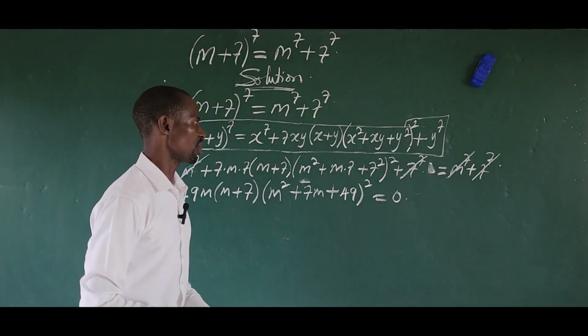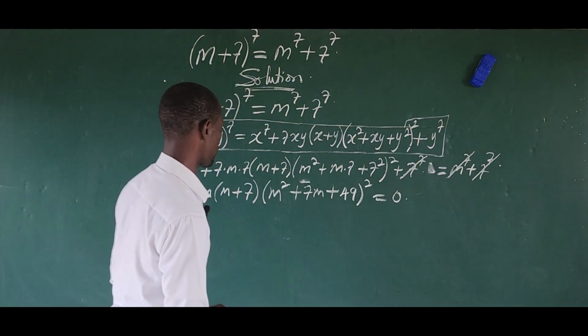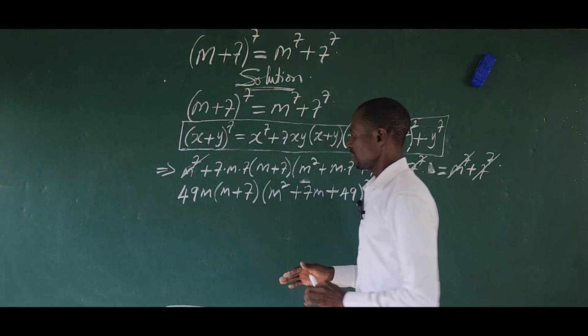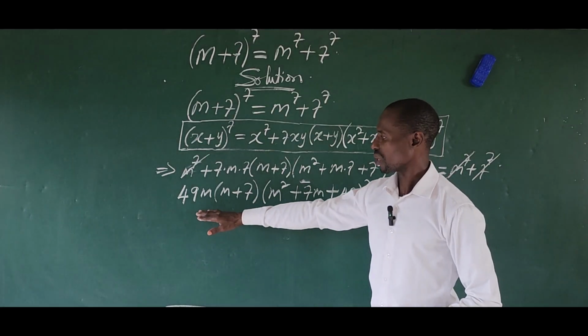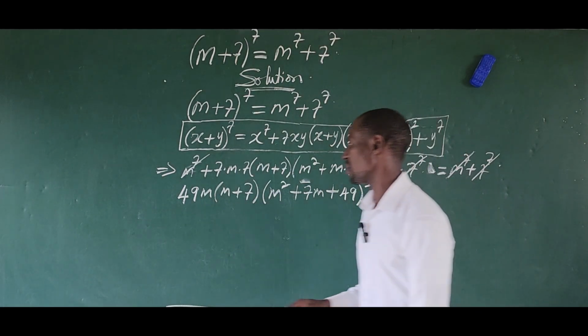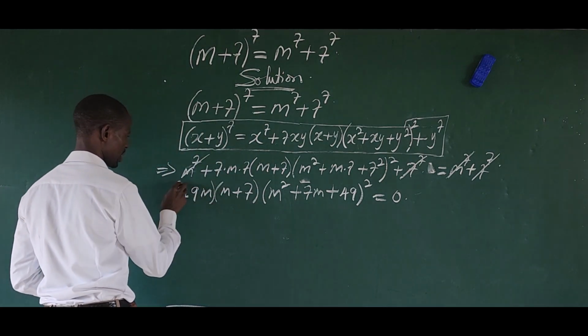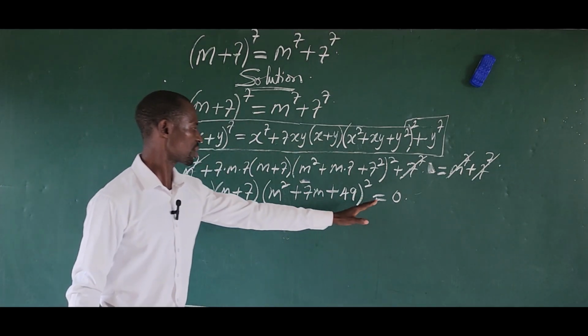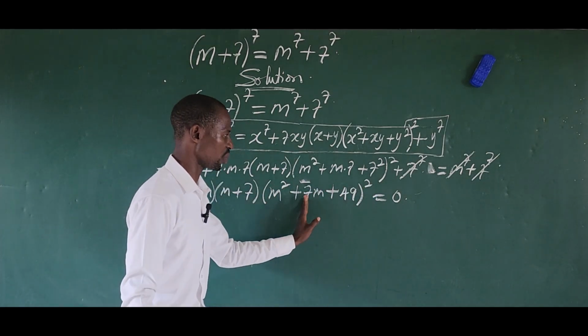Now we want to apply what we call the zero property, whereby we can put this in brackets and equate this to 0, this to 0, and this to 0.